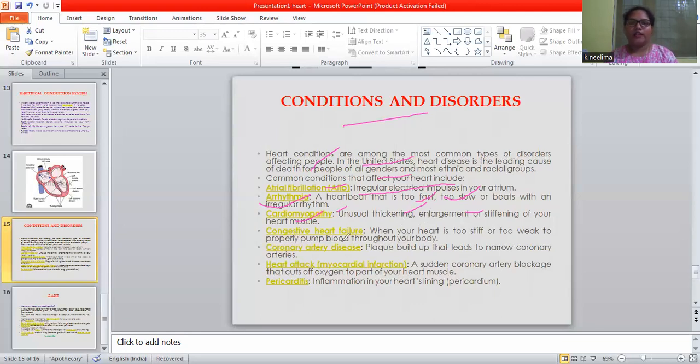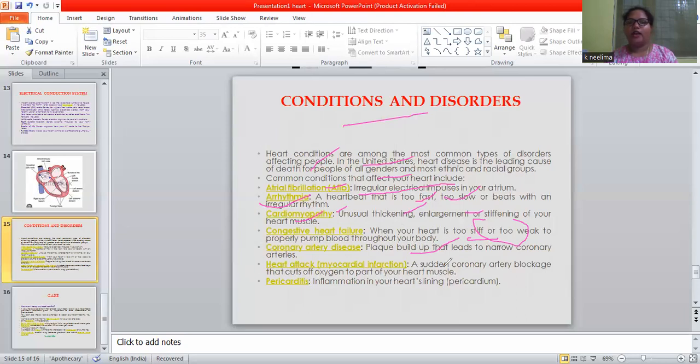Congestive heart failure is when the heart is too weak to pump blood properly through the body. Coronary artery disease is when plaque buildup leads to narrowed coronary arteries.